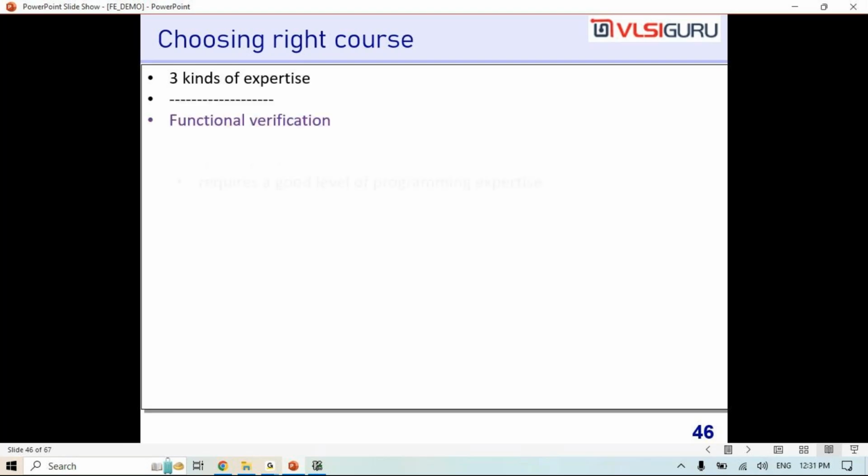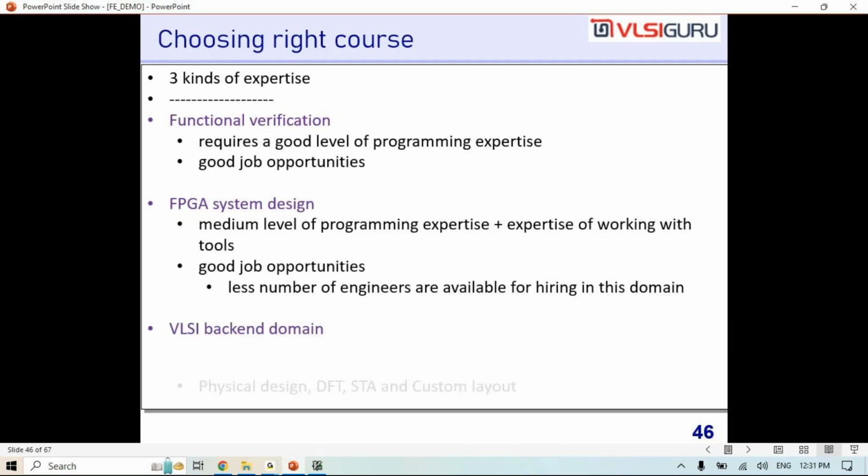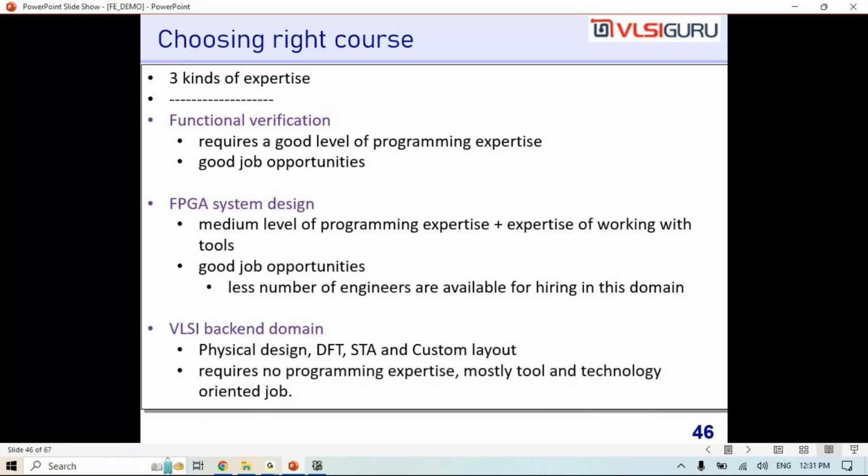Okay. So there I have given 3 possible things. If you are interested in programming skills, you can go for functional verification. FPGA will suit in between. You don't need to be an expert in coding. Yes, it requires coding, but it also involves some flow-based training. I mean, you need to know how to implement the FPGA flow. If you don't like any of these, if you don't want any coding at all, go for the backend domain.